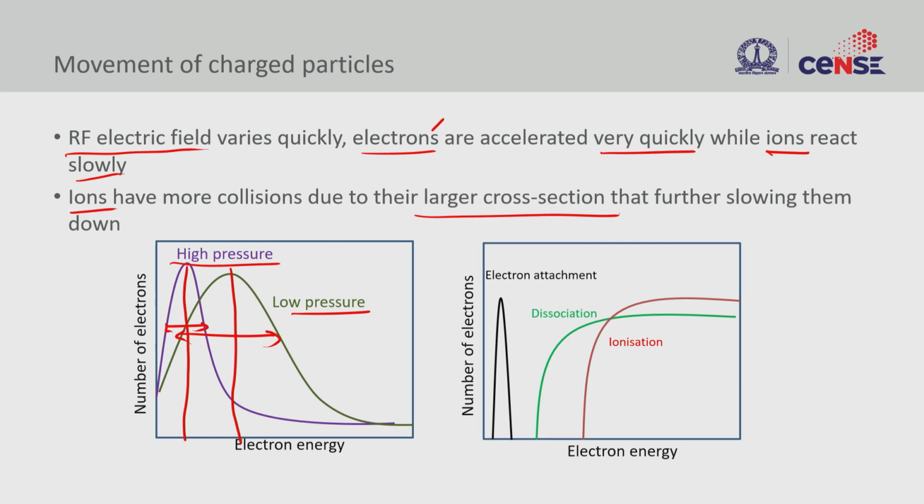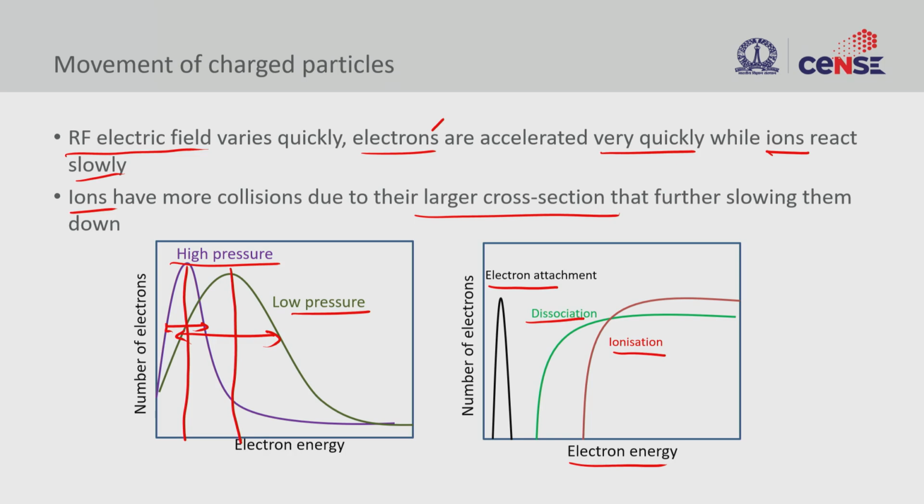Okay, so this will help you in understanding what kind of process you want to do, right? On the right side you will see the energy of the electrons with respect to the process. We saw electron attachment, which generates negative ions, it will just come and attach, and the ionization process, how much energy is required, and for dissociation, how much energy is required.